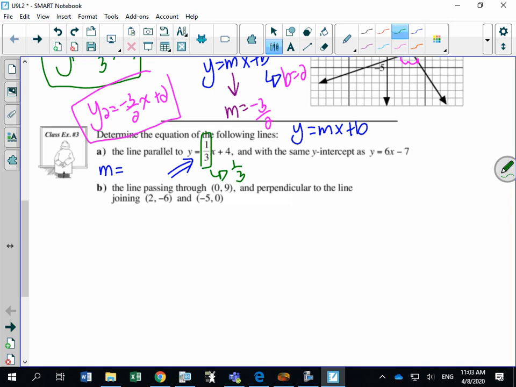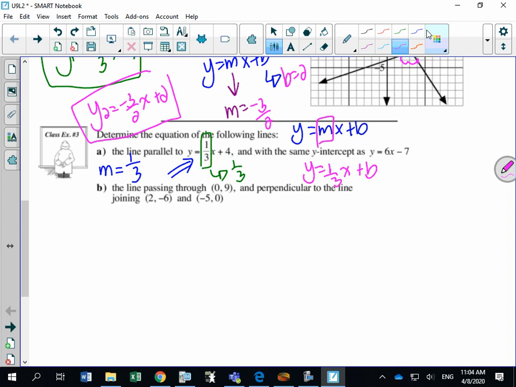If they want me to come up with a new equation parallel to this line, my new slope is going to be 1/3 as well, right? Because they want it parallel to that. So that's going to be the equation of my new line, right? So in this b value, they want the slope to be 1/3. So y is equal to 1/3 x plus b.